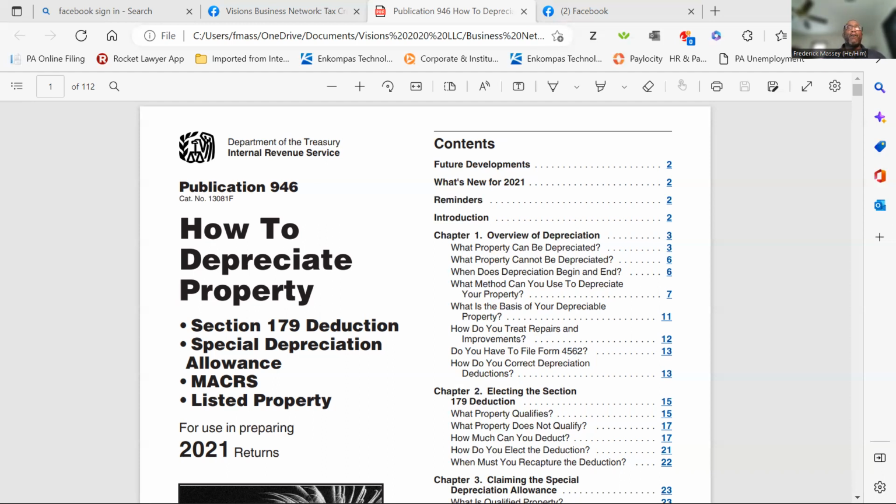Unfortunately, depending upon how you treat those purchases depends upon how much of that expense you're able to take in your tax year. So in order to get started, we're going to talk about assets and then depreciation, which is the companion to being able to take advantage of some of those asset purchases.